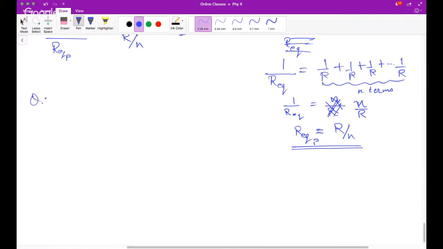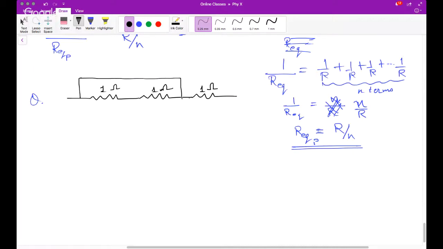So question is, find the equivalent resistance, each is of 1 ohm, but the connections are something like this. And you have to find out between A and B. Find the equivalent resistance.